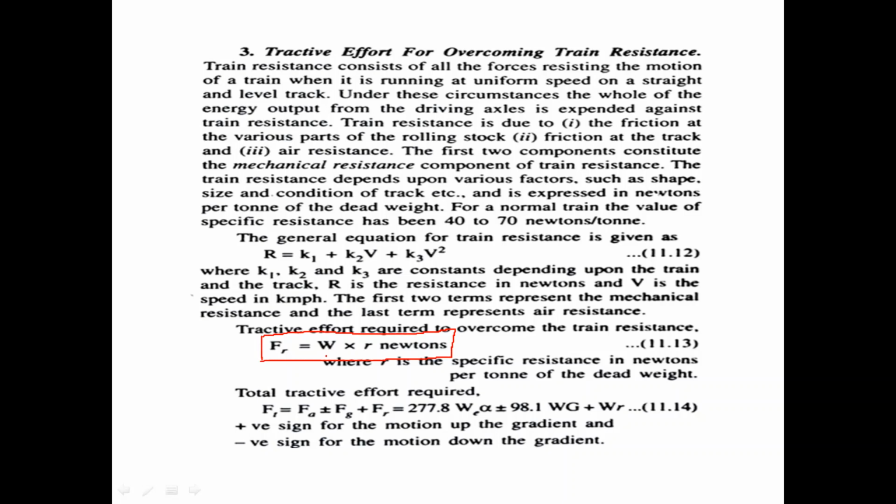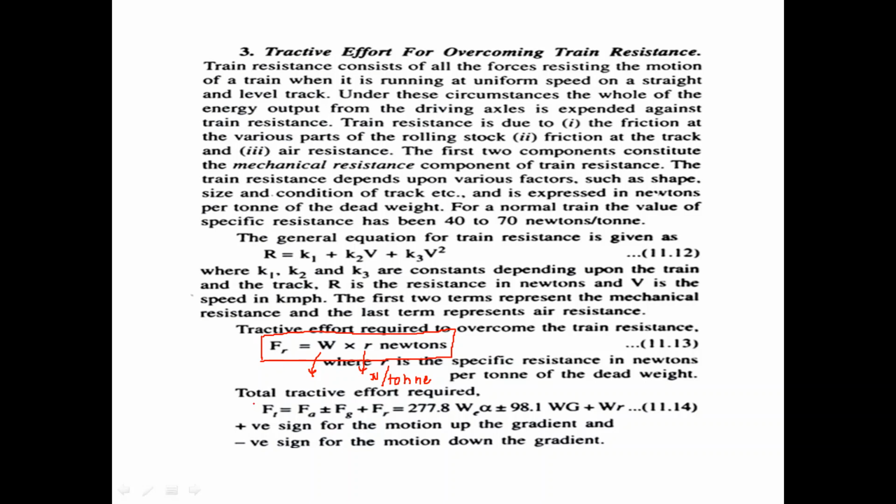W is obviously the weight of the train in tons, and R is the resistance of the train, in Newtons per ton. In numericals, usually they will give the value of R in Newtons per ton. So you can simply multiply by weight, then we get the tractive effort required to overcome the train resistance.